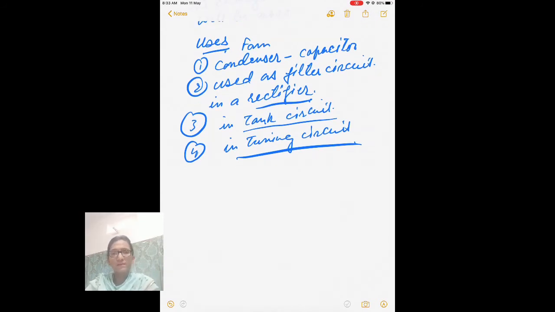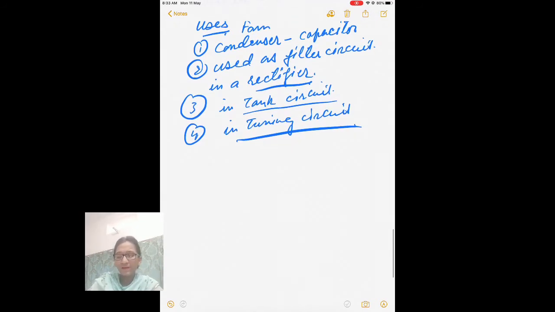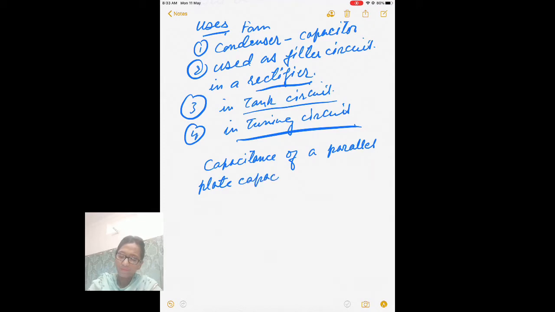Now today we will learn how to find the capacitance of a parallel plate capacitor. And yes, one more thing.